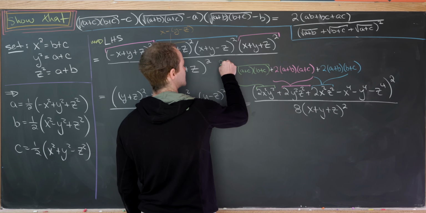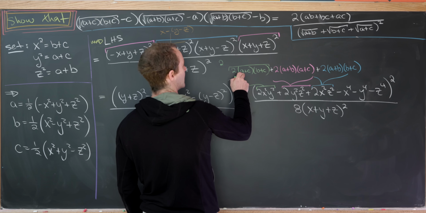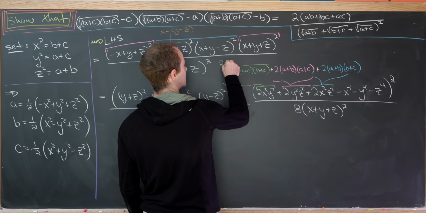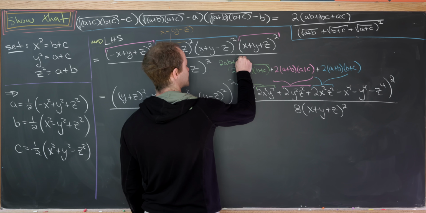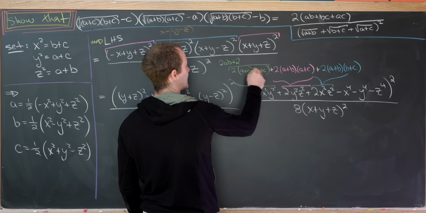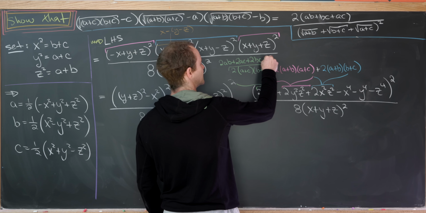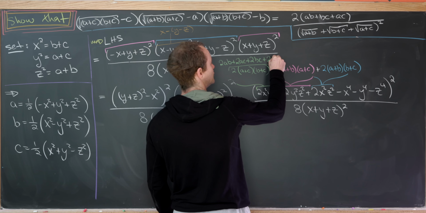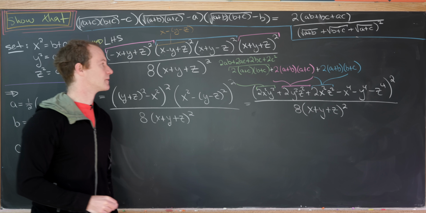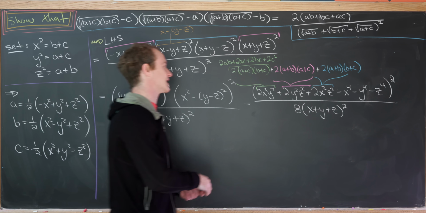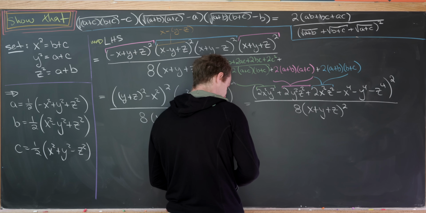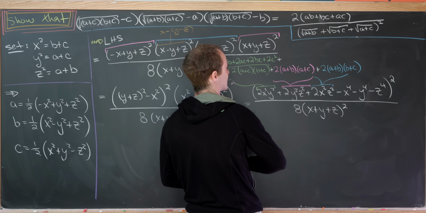So this will give us 2, let's see, we'll have a times b, so ab plus 2ac plus 2bc plus 2c squared. So that's what that green one expands out to. And then let's see what this magenta one expands out to.